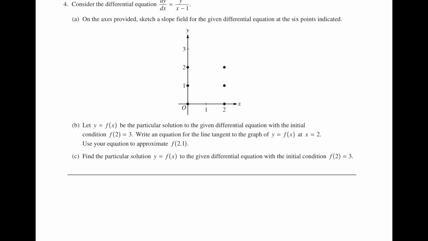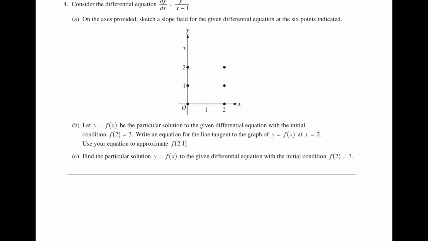Now, this type of question might be new, but it's a simple question. They give us the equation dy over dx equals y squared over x minus 1. Whenever you see dy over dx alone on one side, that means the other side is the formula for the slope. Part A: on the axes provided, sketch a slope field for the given differential equation at the 6 points indicated.